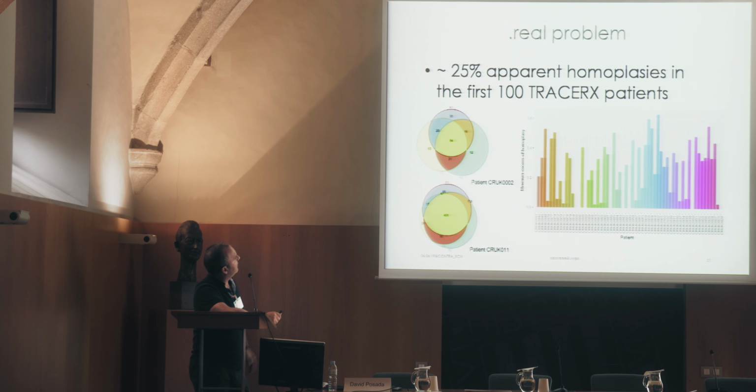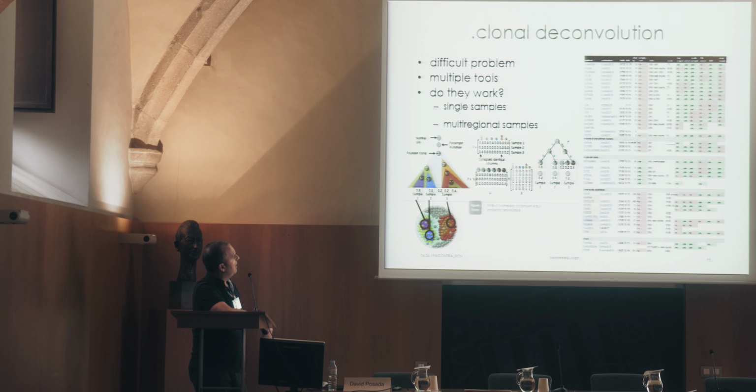Well, I can explain that further, but 25% of the mutations are apparent homoplasies, not true homoplasies. Of the homoplasies that you see, convergent changes are apparent, artifacts due to using sample trees. So this is a real problem, okay?